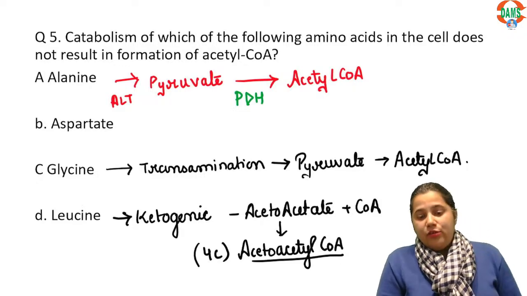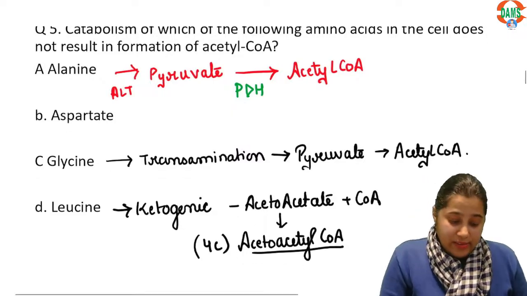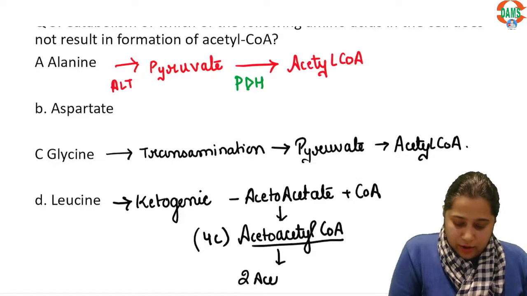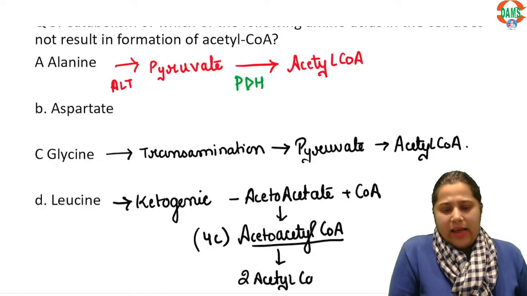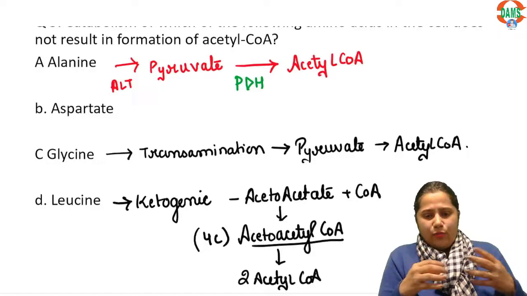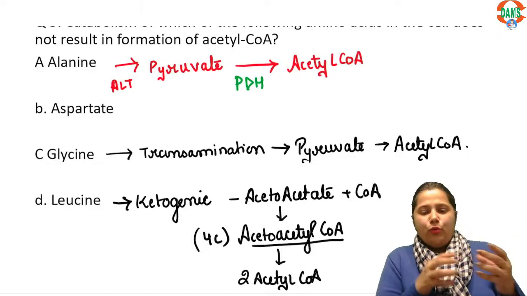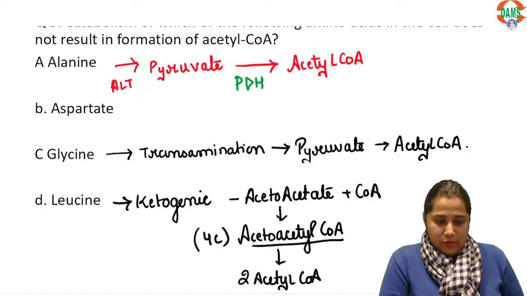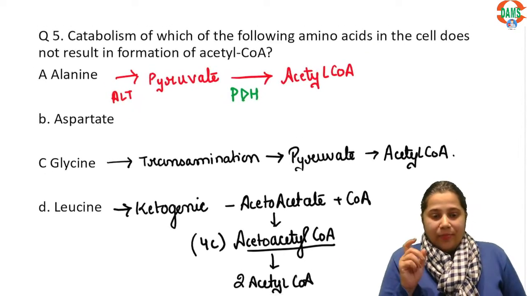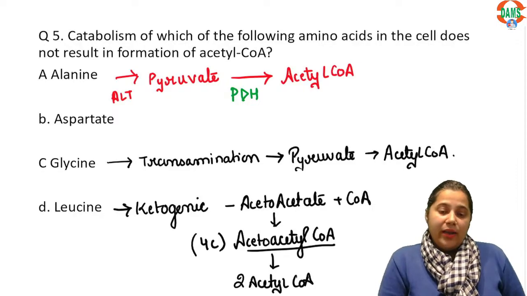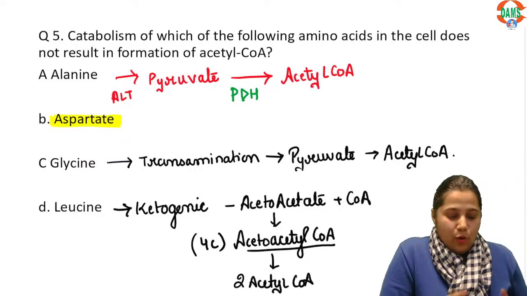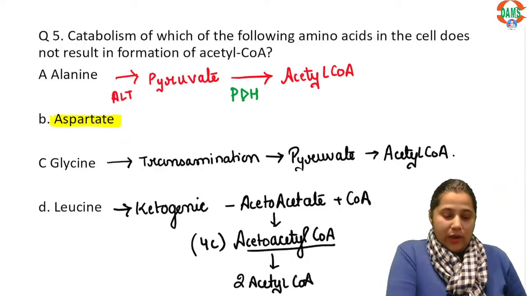Now this acetoacetyl-CoA is then converted to 2 molecules of acetyl-CoA. For this you simply need a lyase, right? A thiolase, which will split that 4 carbon to 2 carbon, and you will get acetyl-CoA, which will enter into TCA. Now this aspartate is thus the only amino acid here which will not form acetyl-CoA.